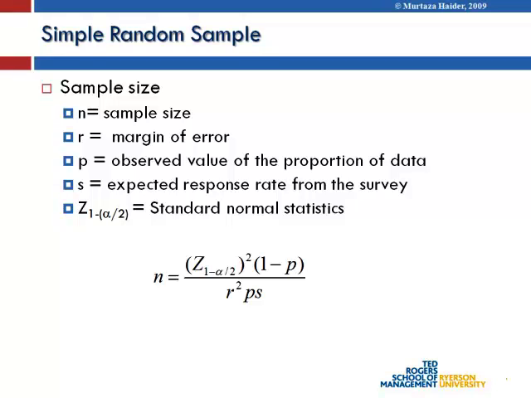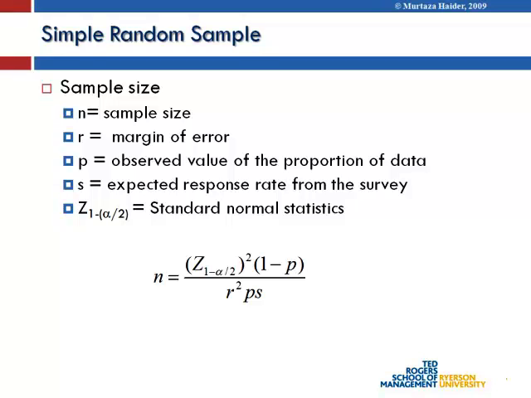And there's another thing called the standard normal statistic, the Z statistic, which is Z of 1 minus alpha by 2, and alpha here is related to the confidence level. For example, if you're looking at 95% confidence, alpha would be 0.05, and 0.05 divided by 2 would be 0.025, and then 1 minus 0.025 gives the value used.